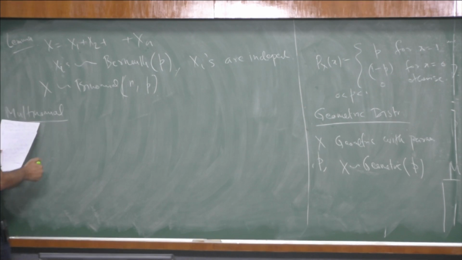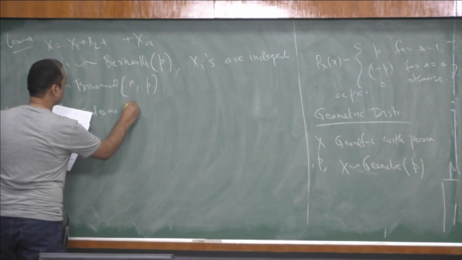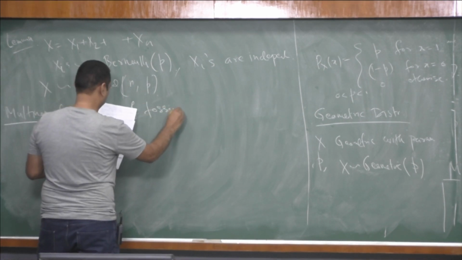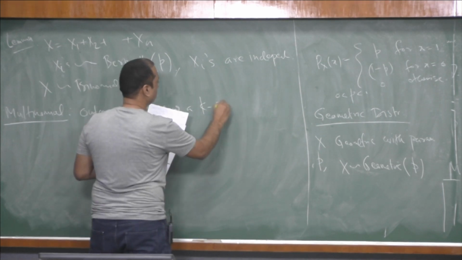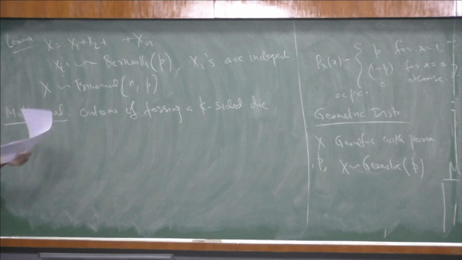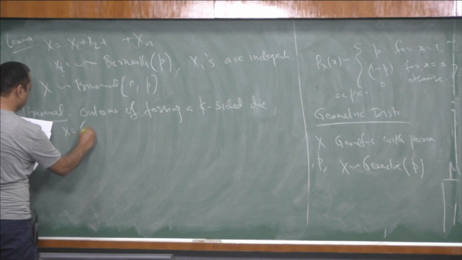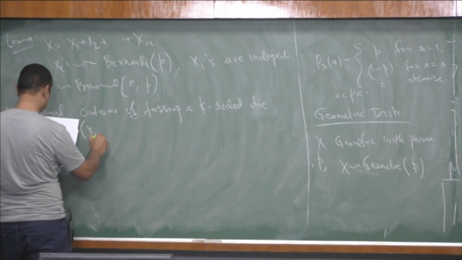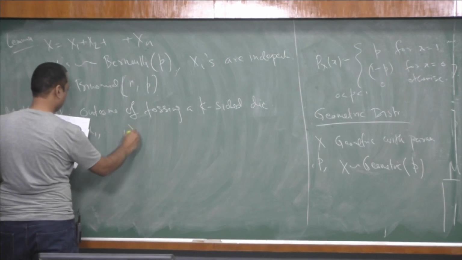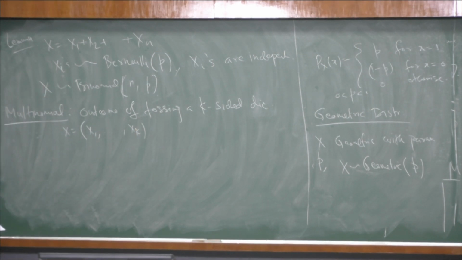So in multinomial, it's an outcome of tossing a k-sided die. Usually we know 6-sided ones, but you can generalize this to k-sided, and in this case X now takes a k-tuple, X1 through Xk. So the possibilities are now like a vector.